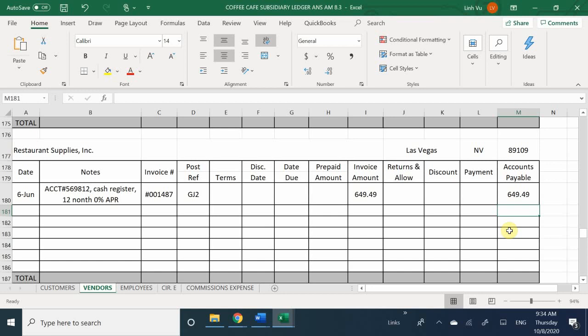In this case, I'm only recording my receipt that I received from the store, acknowledging that I do have this on an account and I should be expecting a bill. And we'll see that when we receive our first bill. The terms are not going to apply until you receive a bill because you don't know what the terms are, right? And oftentimes, terms doesn't need to include the discount.